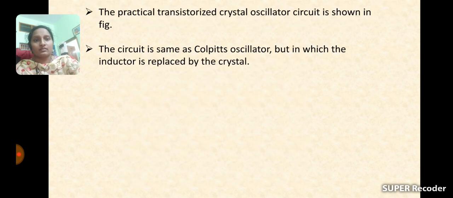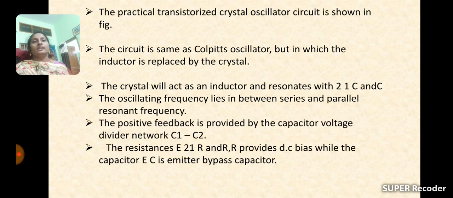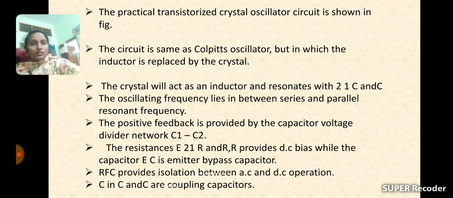It is briefly discussed in the slides also. Once, I would like to check the slides. See here, the practical transistorized crystal oscillator is shown in the figure. The circuit is the same as the Colpitts oscillator, already I said this to you.